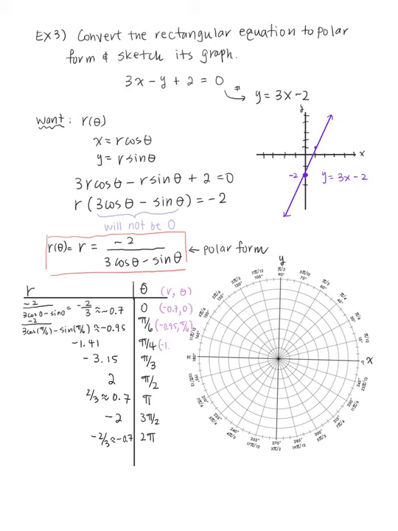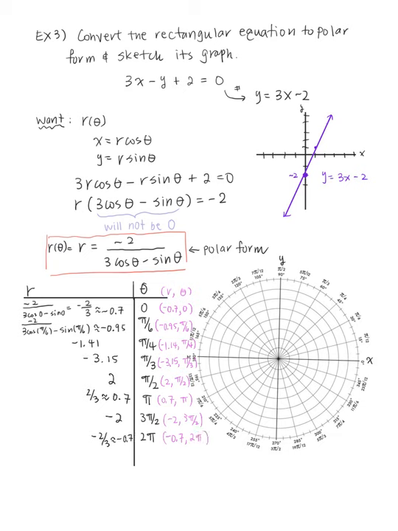Next one is negative 1.14 comma pi over 4. And negative 3.15 comma pi over 3. Yikes. And 2 comma pi over 2. And 0.7 comma pi, negative 2 comma 3 pi over 2, and negative 0.7 comma 2 pi.